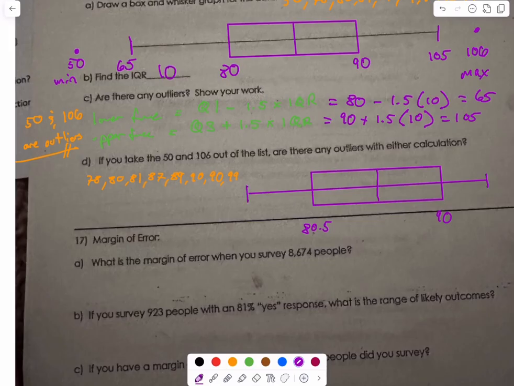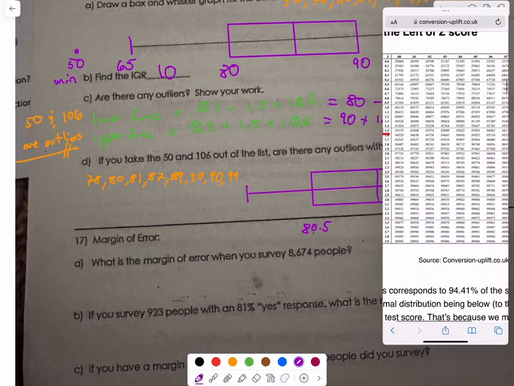So then for the lower fence, Q1 minus 1.5 times the interquartile range, which in this case is 9.5. I need a calculator.